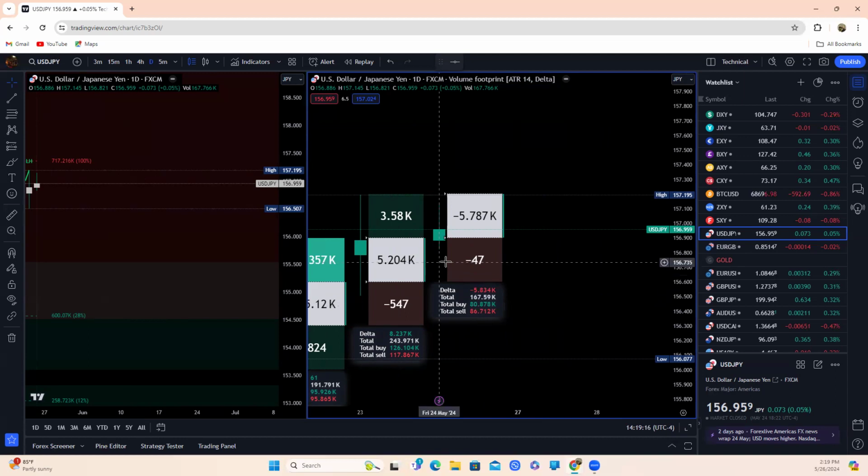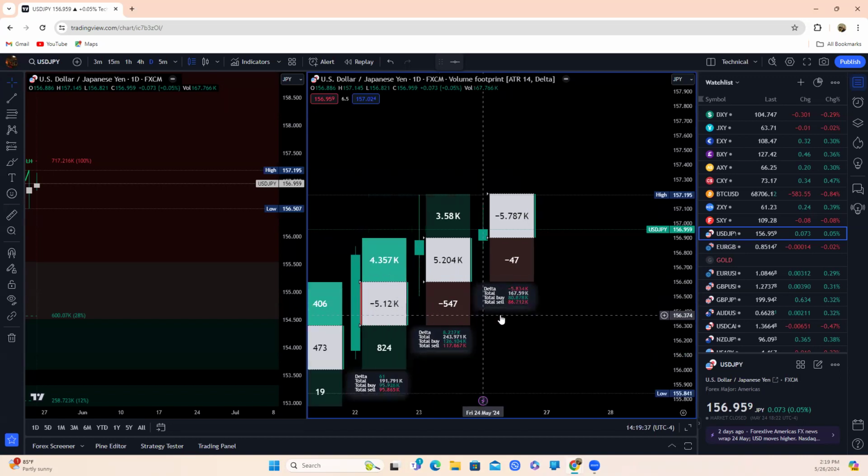So again, it'll be interesting to see where the next candle falls, right? So we know that this wick pretty much ate up all these 3.5K orders that were there. And then same thing here. So we ended up with, and we already know at this level, we're rocking negative 547 delta already.